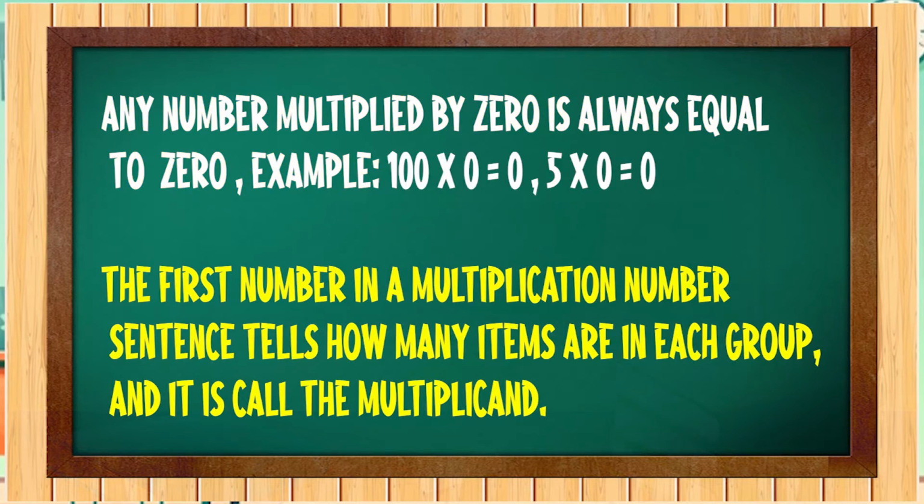The first number in the multiplication number sentence, it is called a number sentence because it is made up of numbers that we can read in a sentence, tells how many items are in each group. And as we said, it's called the multiplicand.